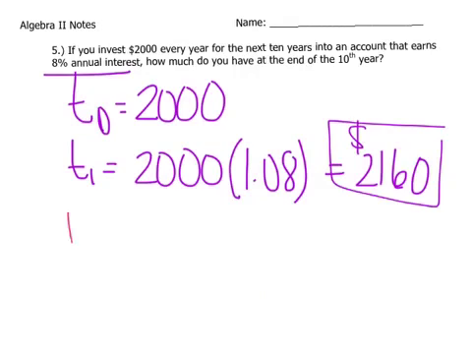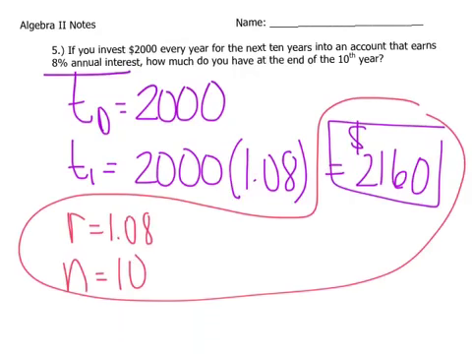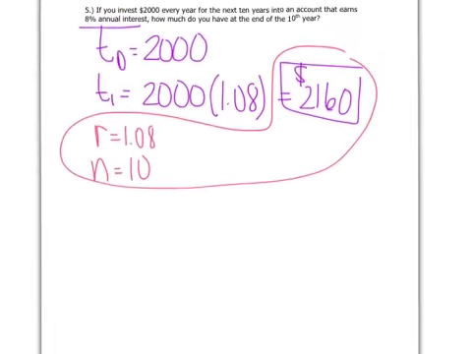What is the common ratio, which is essentially the rate? 1.08. What's the value of n? 10. Good. From here, you have everything that you need to use our sum formula.